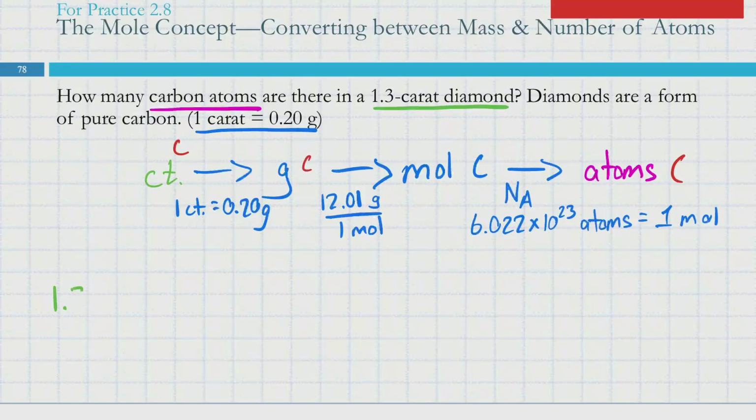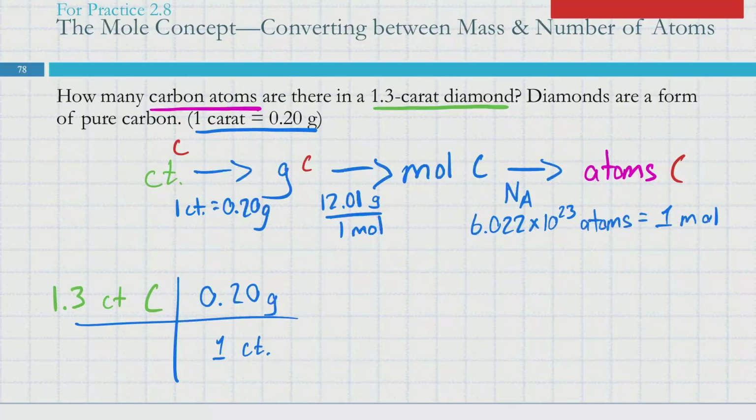So 1.3 carat diamond, which is carbon. To get from carats to grams, we need to divide by the 1 carat, multiply by the grams. So grams goes on top, carat goes on the bottom. Carats cancel.